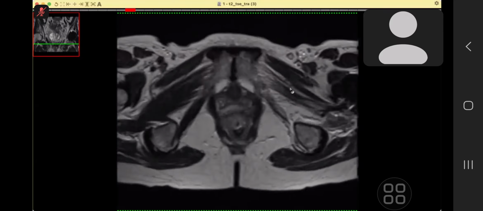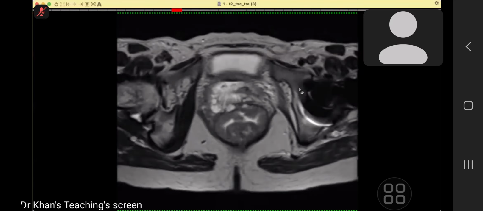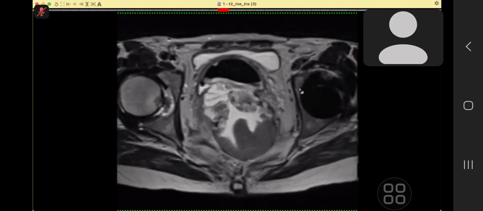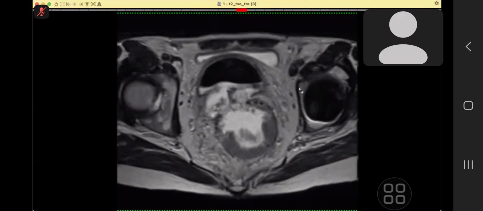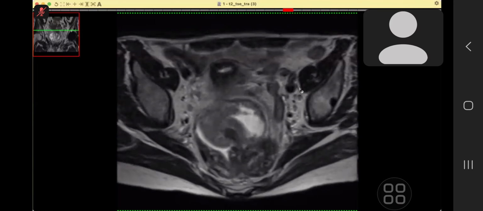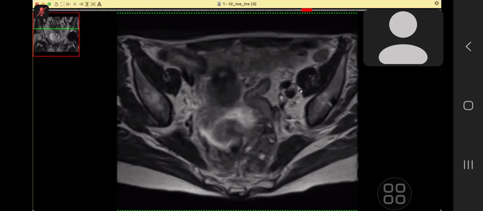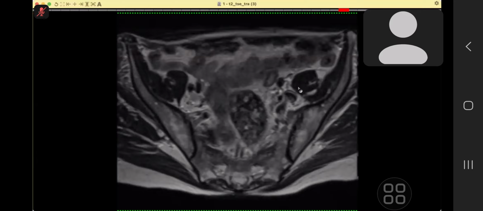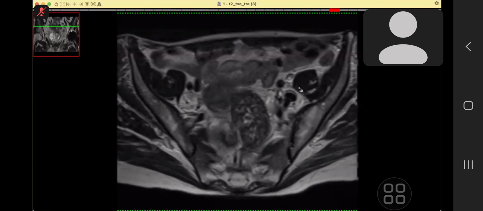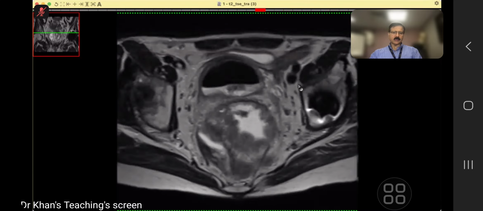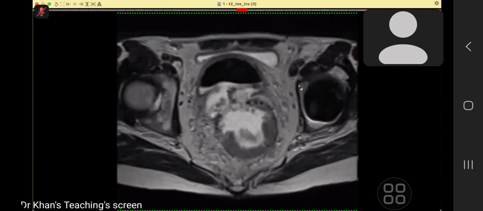I'm presented with pelvis MRI, T2 axial images. I've gone up, and I'm going back once again.